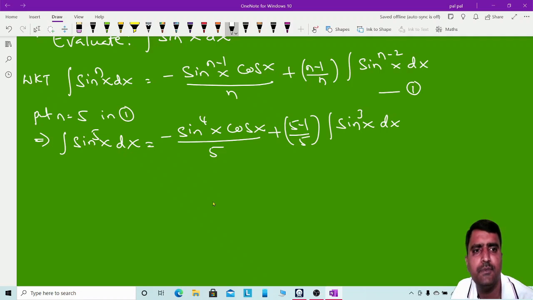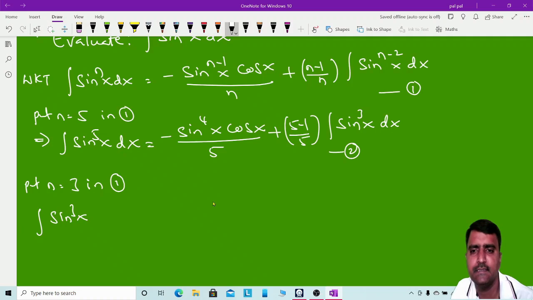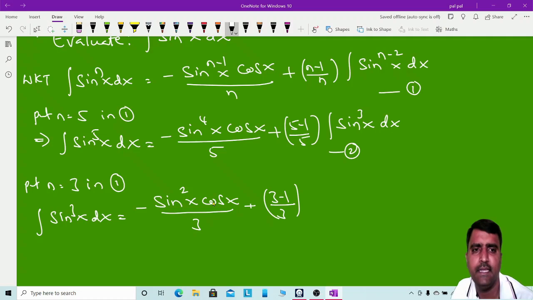You can find sine to the power 3 x again by using this formula. So again, take this as expression 2. Now put n is equal to 3 in equation 1. So when you put n is equal to 3, sine cube x dx is equal to minus sine to the power 3 minus 1 is 2 x into cos x divided by 3, plus 3 minus 1 by 3 into integration of sine to the power 3 minus 2.